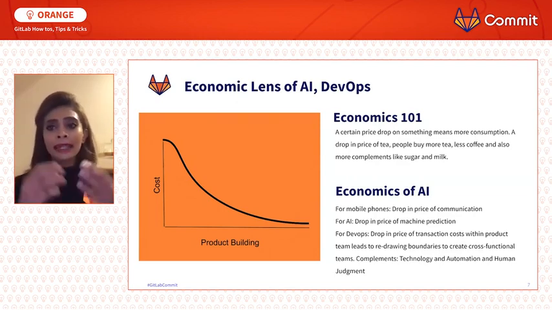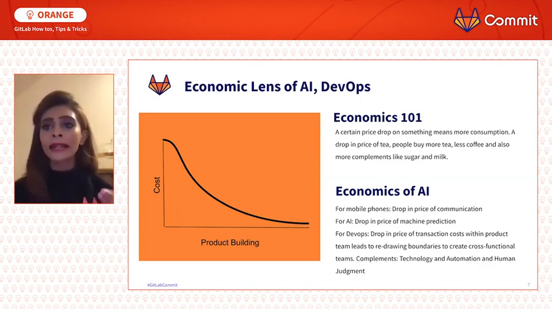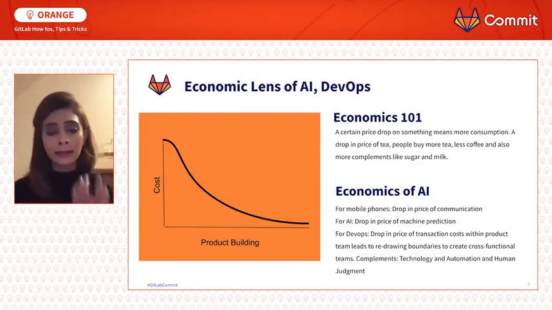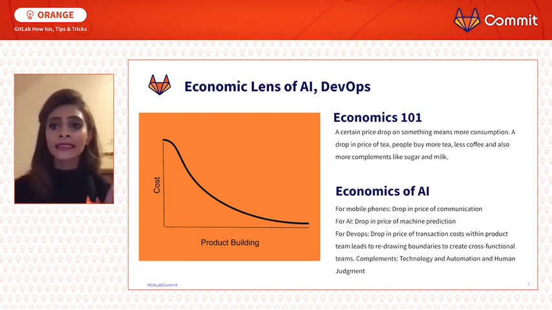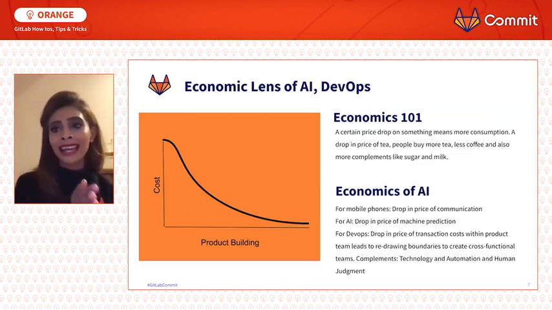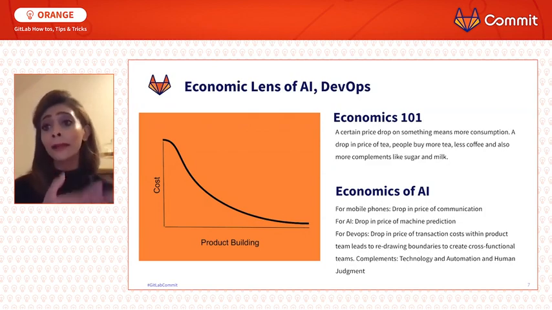When we do Economics 101, it's all about demand and supply. A certain price drop in something means more consumption of that. When one consumes more of that, it substitutes something else, and the complements of that item also get higher, and people buy more of them.